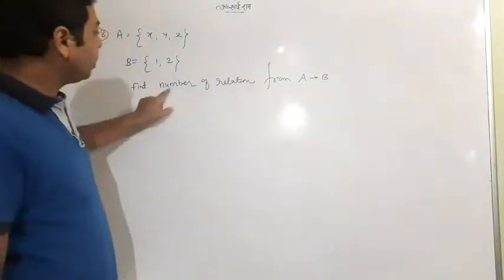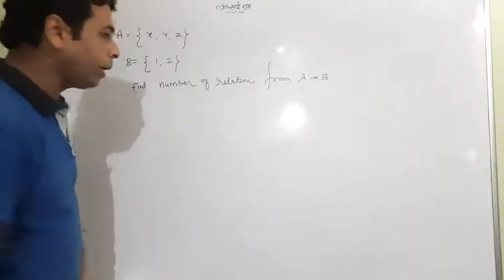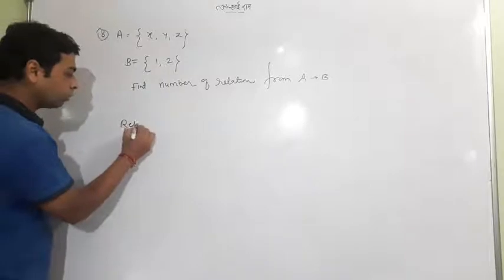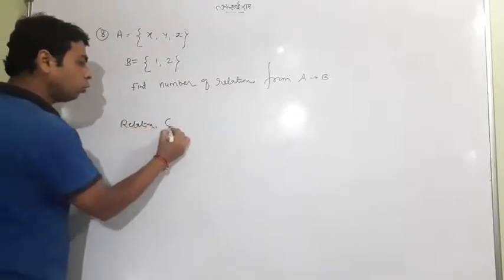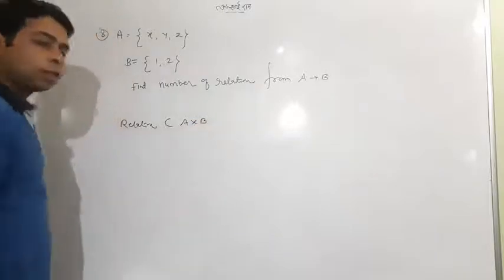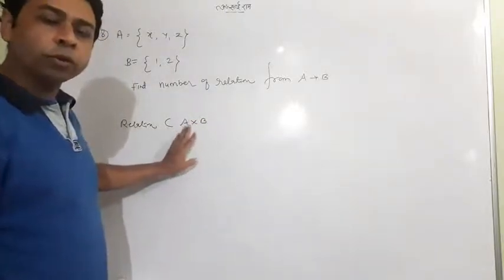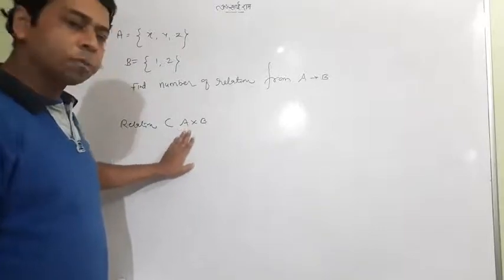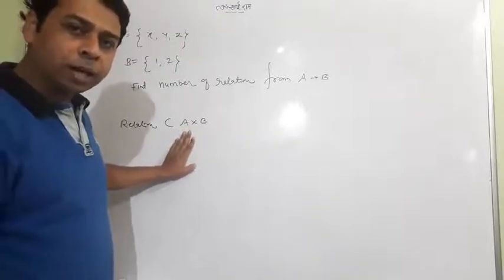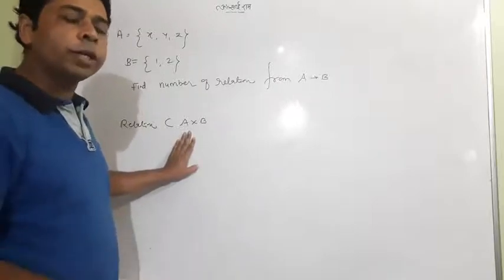So let me explain how we can find the number of relations. I taught you what actually a relation is. One should know a relation is a subset of A cross B. So we first go with A cross B. How many elements are in A cross B, and then in A cross B, how many subsets can you find out?